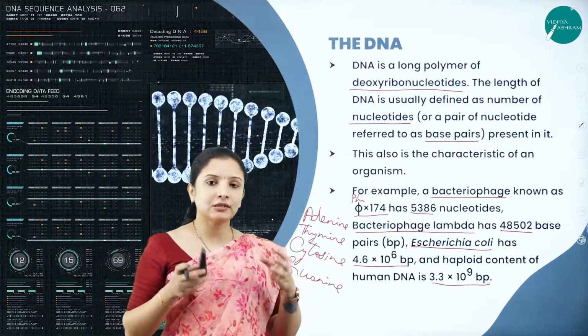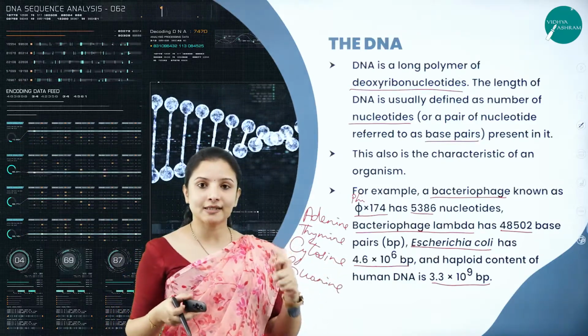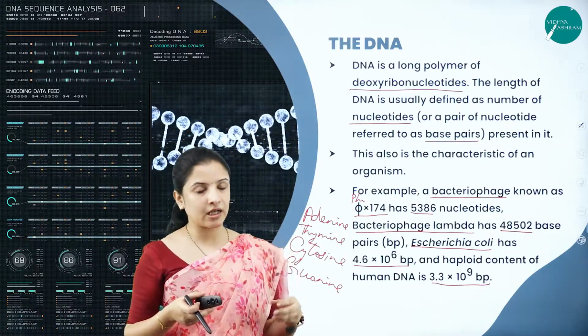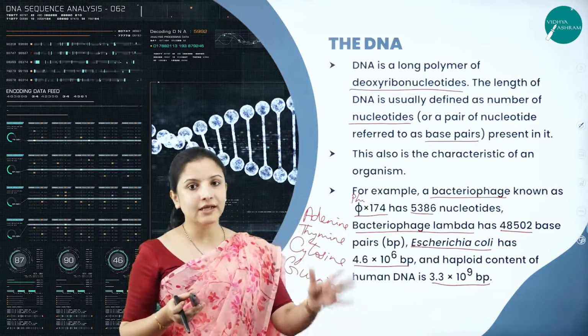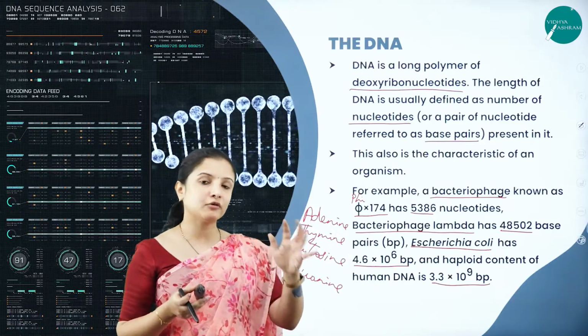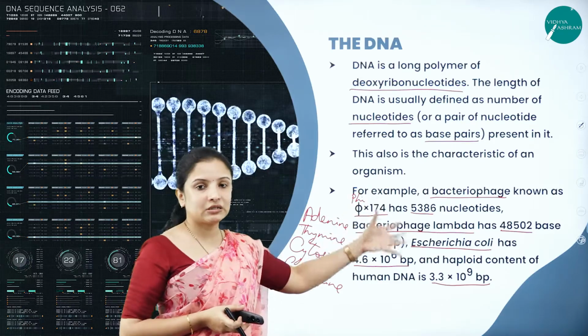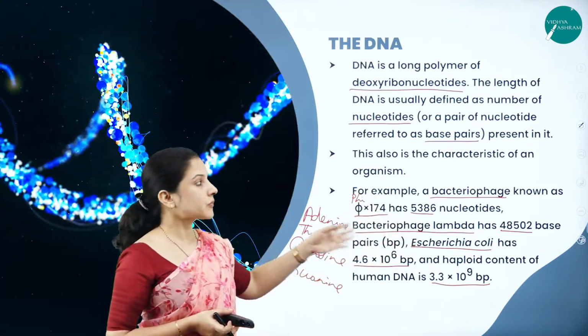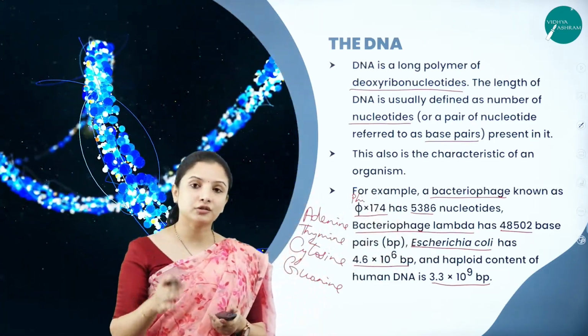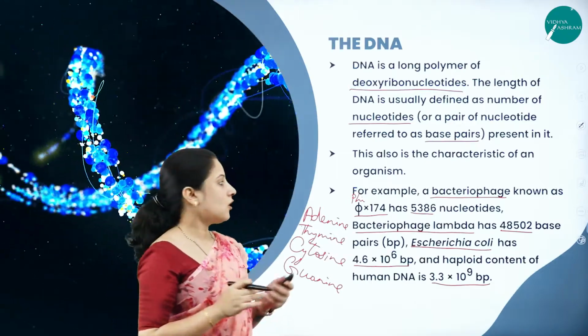It is not the size of the organism that decides the length of the DNA, but the number of nucleotides that the particular DNA strand is made up of that determines the length of the DNA. Therefore, the length of the DNA is a characteristic feature of an organism.